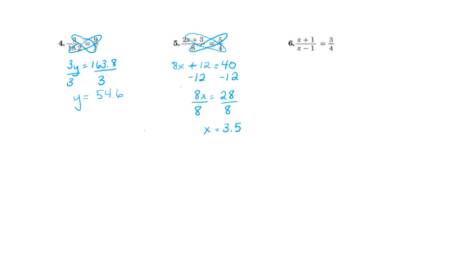For example 6, I'm going to do 3 times x minus 1 and then 4 times x plus 1. So 4 times x plus 4 times 1, 3 times x minus 3 times 1.